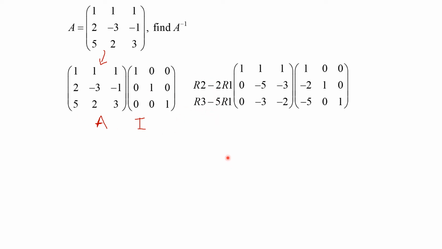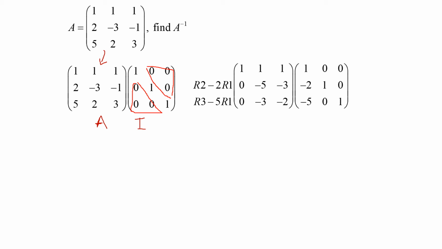So what are elementary row operations? You need to get a triangle. You need to convert A to I. As you can see, I has two triangles of zeros: a lower triangle here and an upper triangle of zeros. So you need to work out your matrix so that you get upper and lower triangles of zeros. You need to convert your A to an identity matrix.